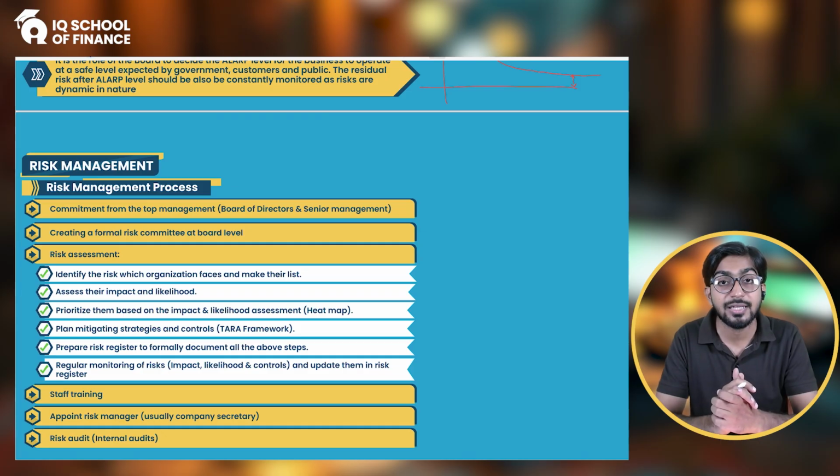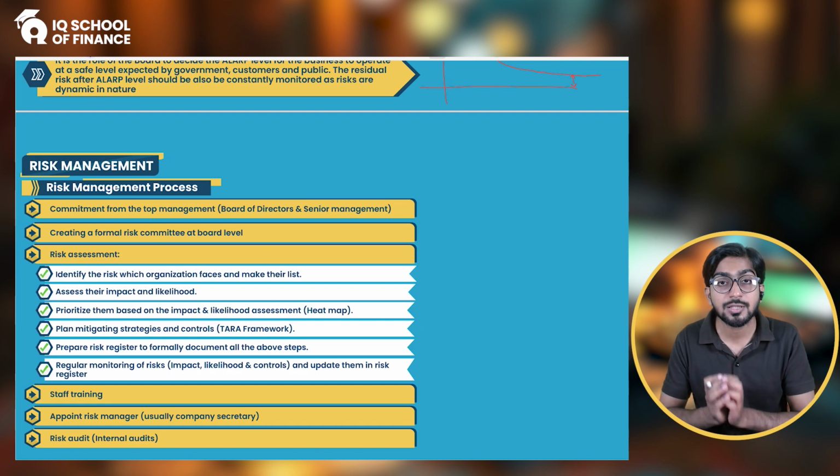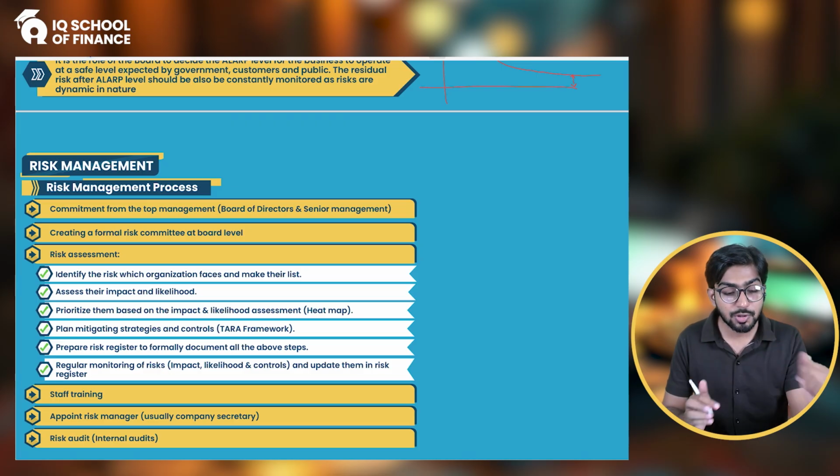Because in the exam it is always tested that maybe you would be required to tell the steps to be taken to do risk management, or maybe you would be asked the roles and responsibilities of the risk management manager or the risk committee. These are all the things which are done to manage the risk. These are the roles and responsibilities of risk management. These are the roles and responsibilities of the risk committees. All right, so now let us read them.